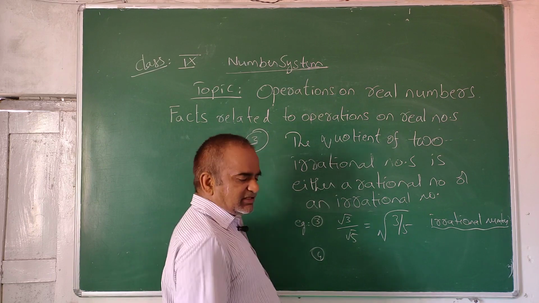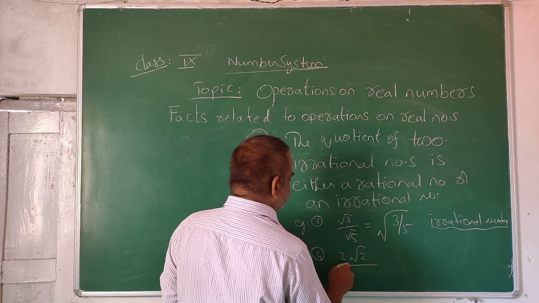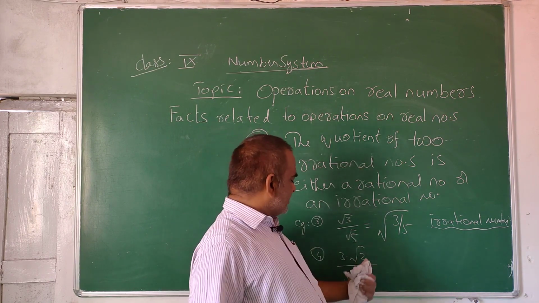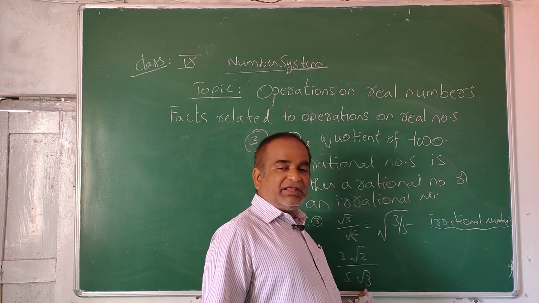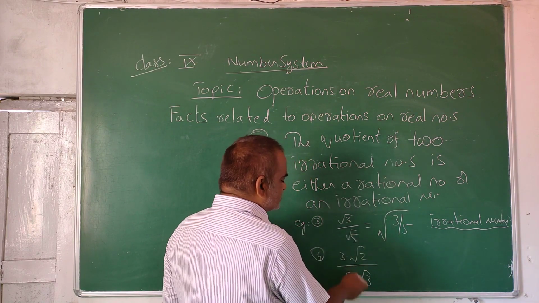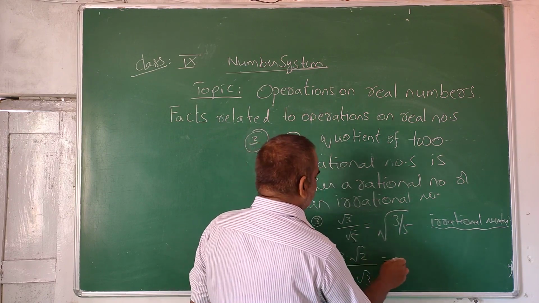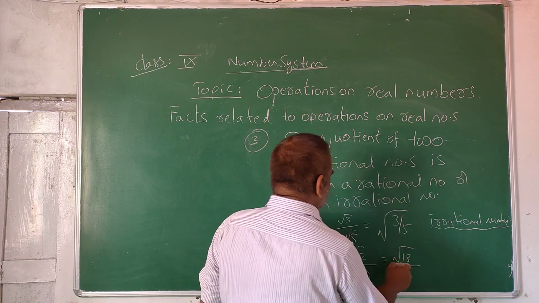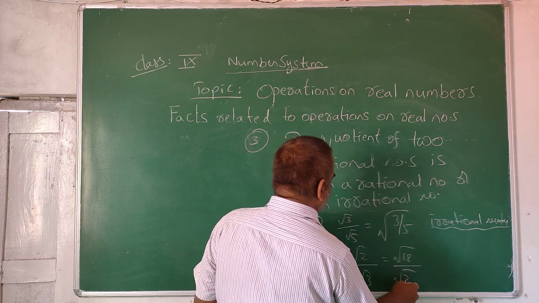Let us take the last example. One is 3 root 2 and another is say 5 root 3. 3 root 2 is an irrational number, 5 root 3 is an irrational number. Then this quotient: 3 root 2 is nothing but root over 18, and 5 root 3 is nothing but root over 75.